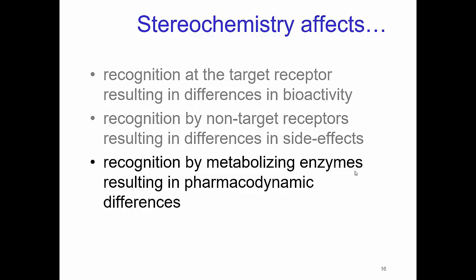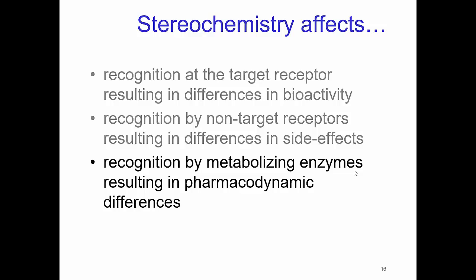So what does that mean? If we change the stereochemistry at a particular position, let's just say even if they both have activity, one might say, oh, that's pretty good, we can use the mixture on that basis. But what also may happen is one enantiomer might be metabolized quickly and another one might be metabolized differently.